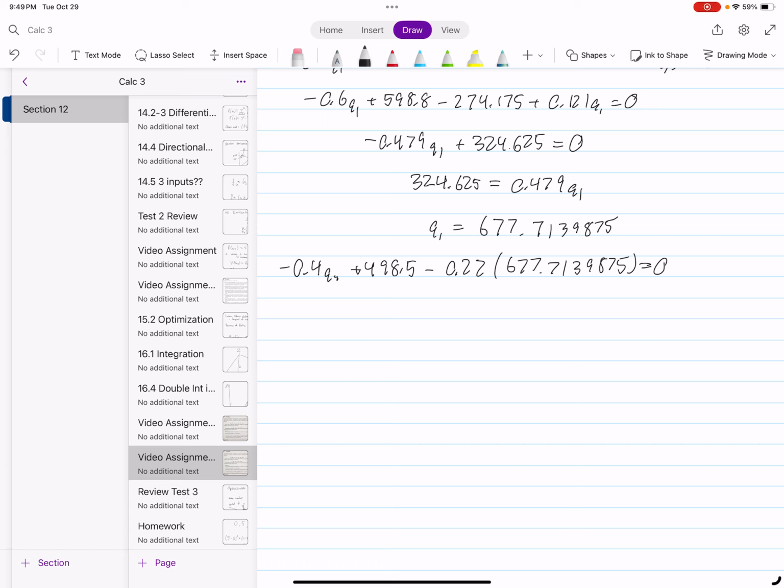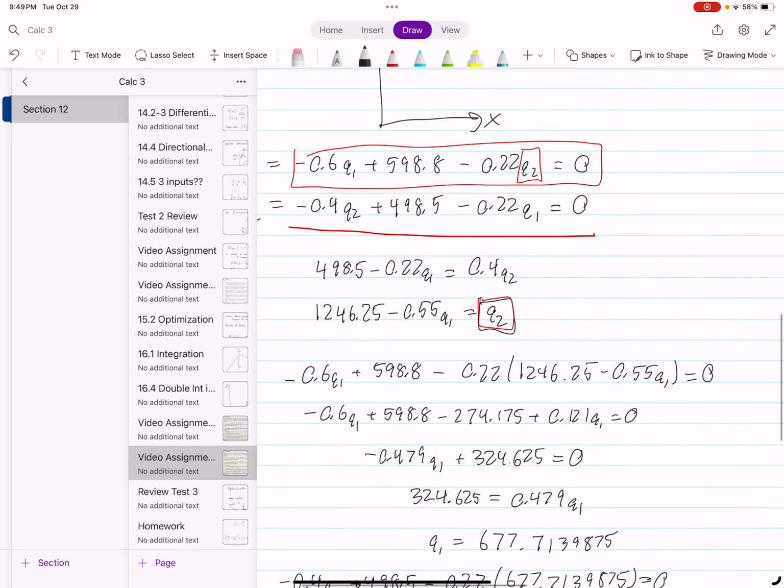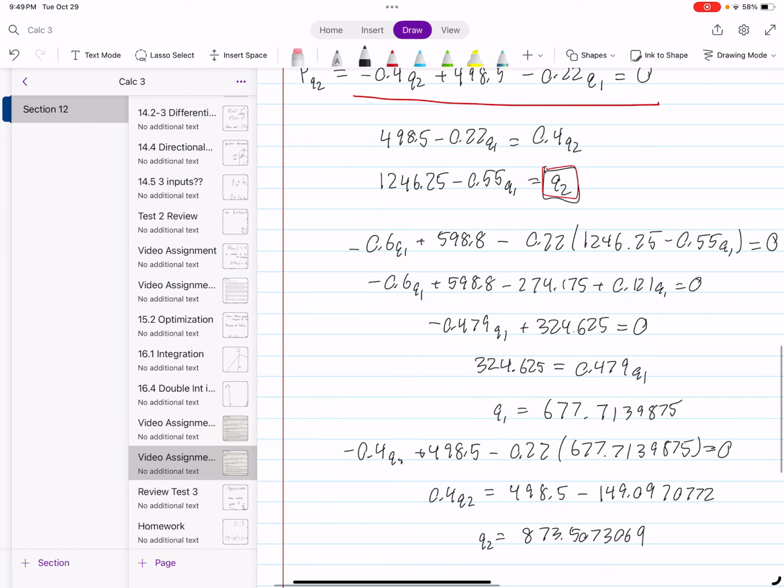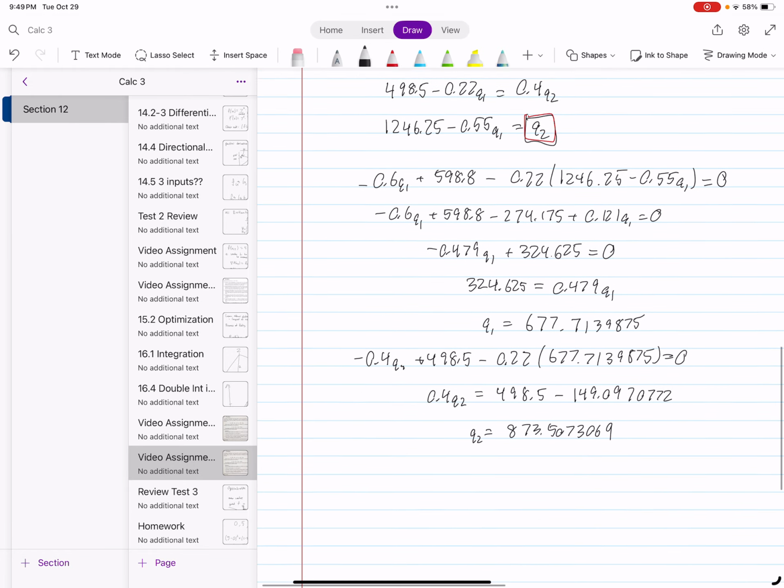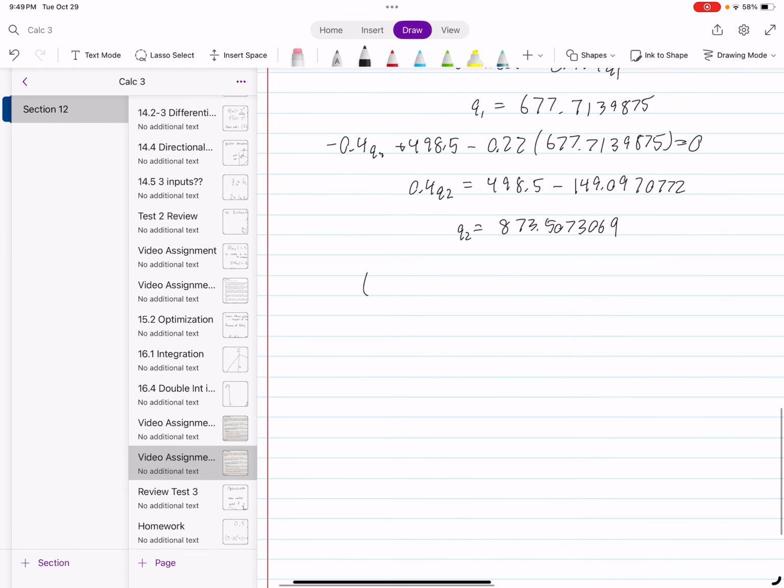After this, we get that 0.4 Q2 is equal to 498.5 minus 149.097072. And skipping the addition step, we get that Q2 is equal to 873.5073069. So by solving the two derivative functions and plugging in the values, or solving the system of equations, we get that there is only one critical point at 677.7, 873.5.